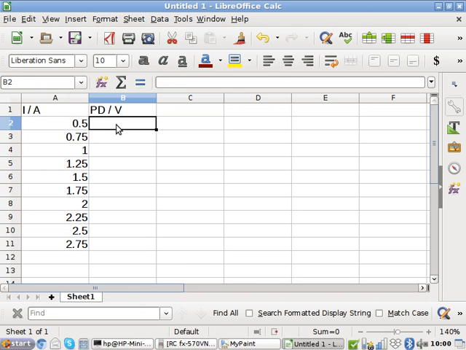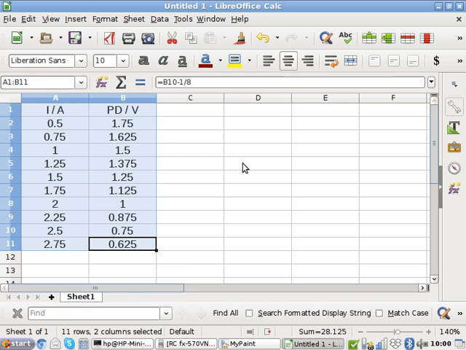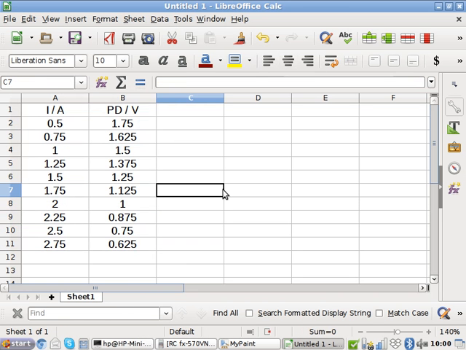And what happens with the voltage? It starts at 1.75 and decreases by eighths, until I get down there. Happy with that? Okay.